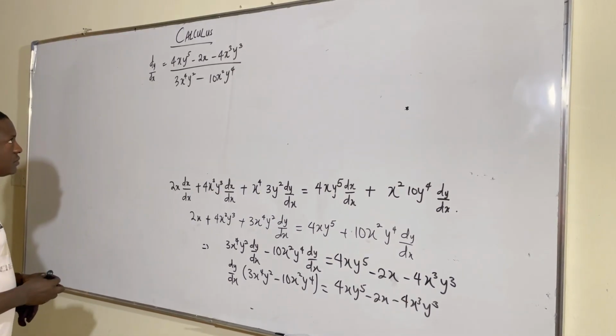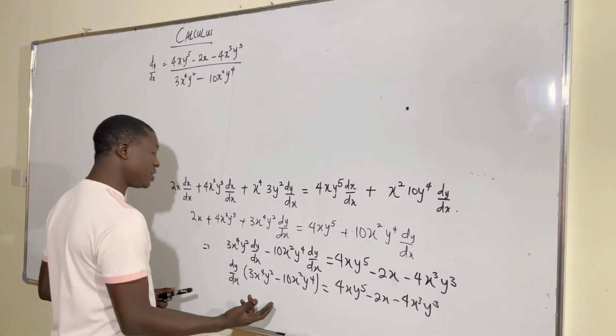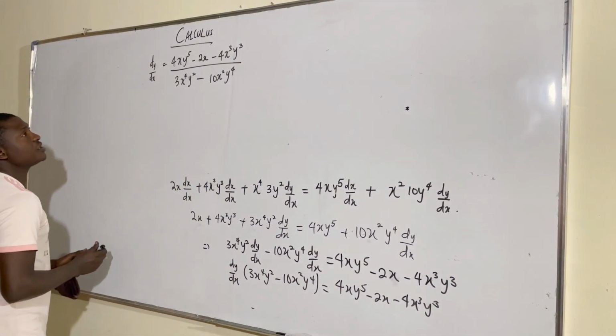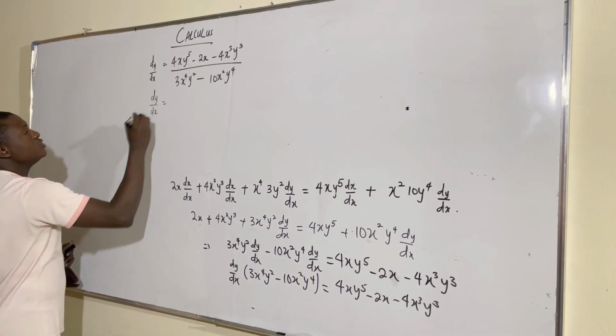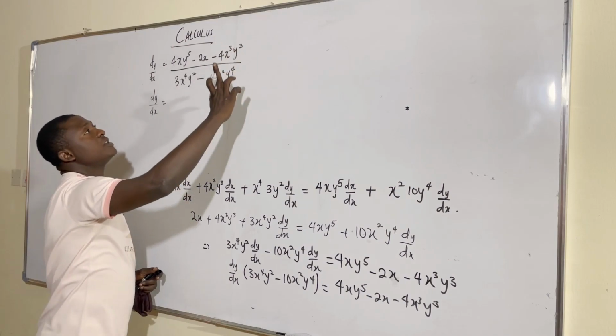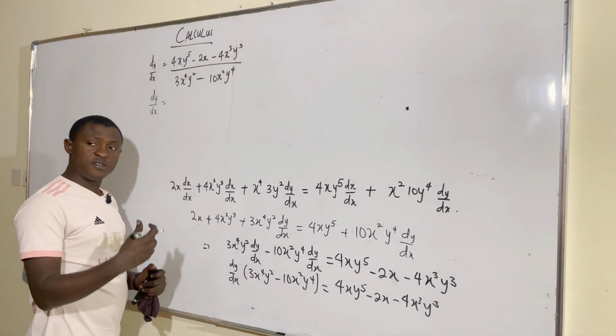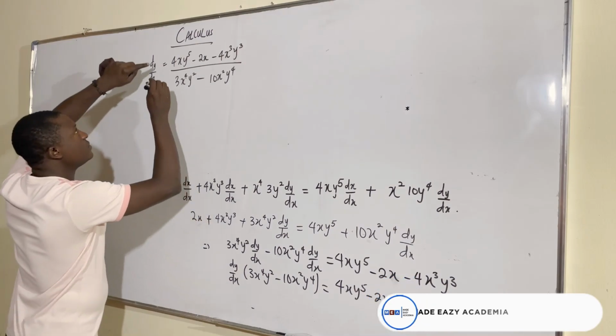So now we can see factors. You check what we have at this side and what we have at this side. So let's check if we have anything in common at both numerator and denominator. It depends on how you leave the result. If the result doesn't require simplification, you can leave it like this. But if you see the result and the answer is not there, then we need to factorize.